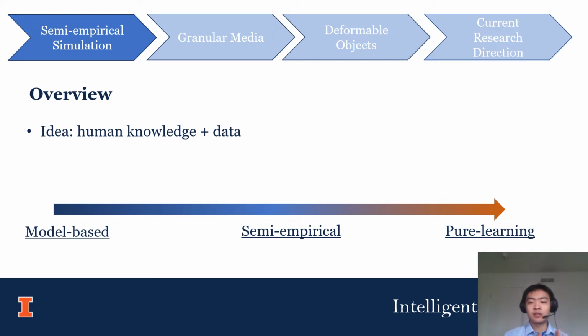So in the middle ground, we can have semi-empirical simulations where we use well understood laws of physics to combine with data that abstract away a lot of the complex part.